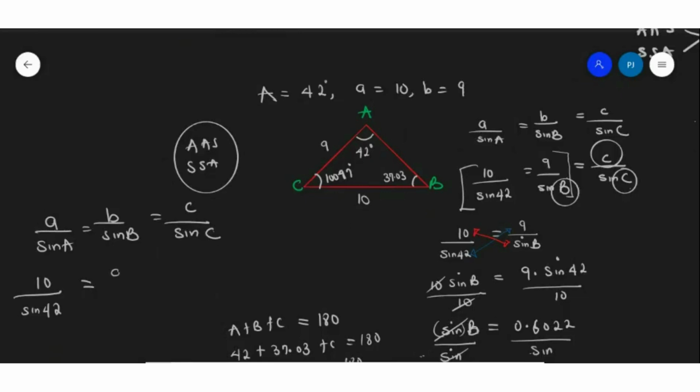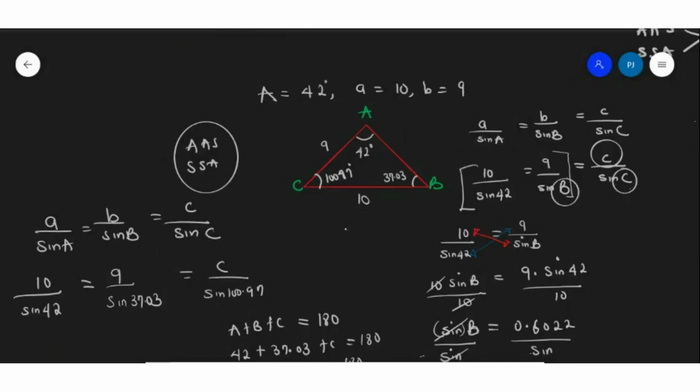Yes, b is 9 over sine 37, is equal to c over, I have the value for C, sine 100.97.